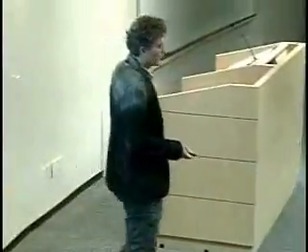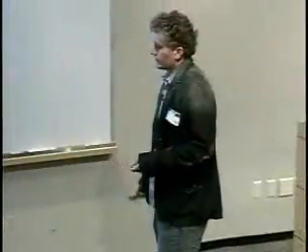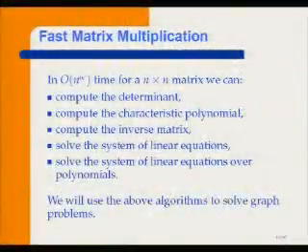Of course, this algorithm is not practically efficient. You cannot take it and multiply a matrix of dimension 100 by 100 faster than with the naive algorithm. But from the complexity point of view, it's a nice thing to have this exponent.